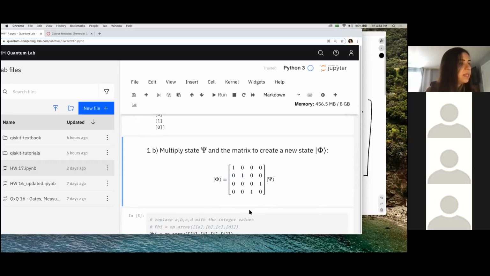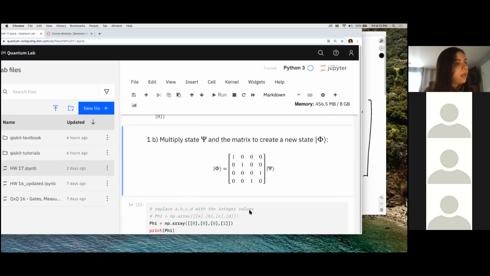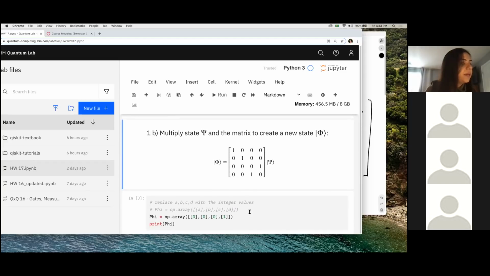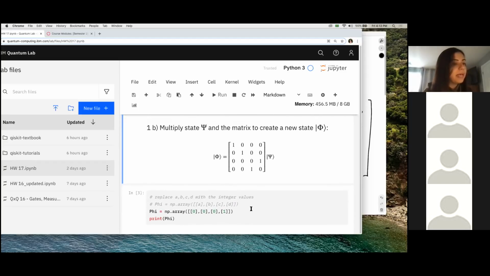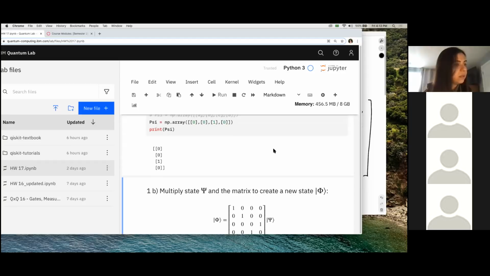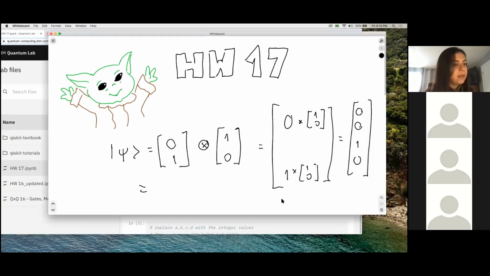So next question. We now are required to multiply this matrix by the state we got in the first question. That's how we're gonna do it.